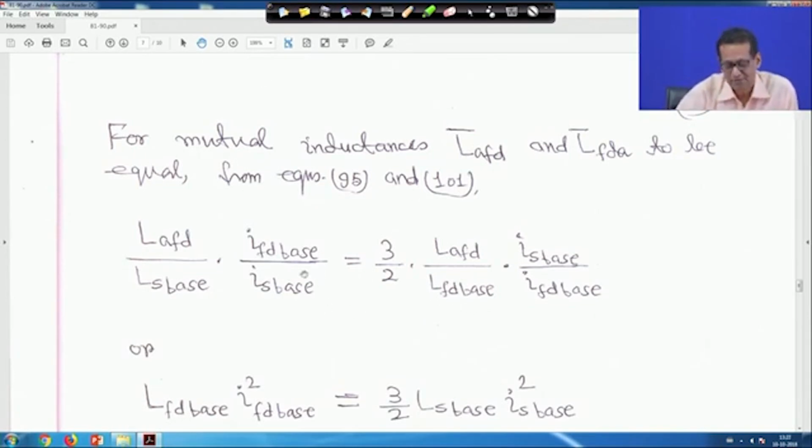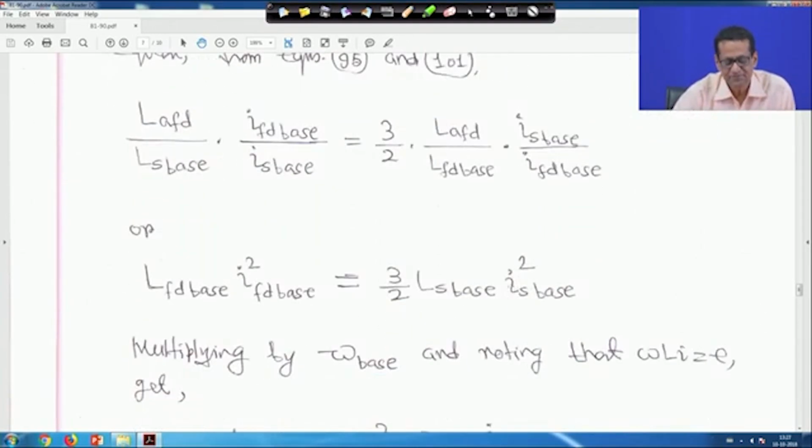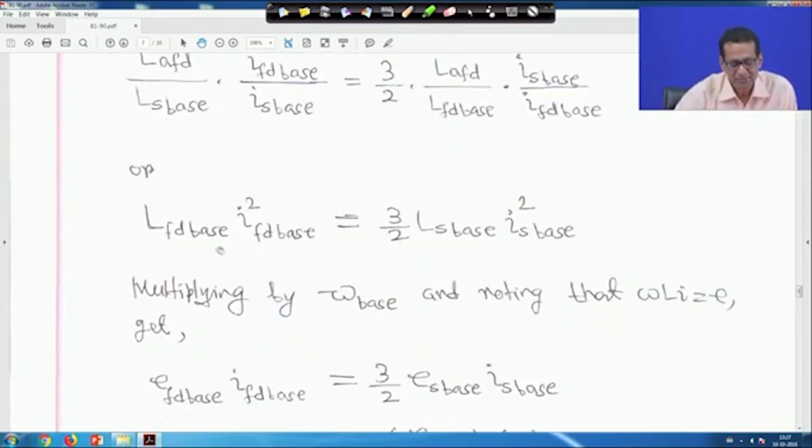So LFD upon IS base into IFD base upon IS base is equal to 3 by 2 LFD upon LFD base into IS base upon IFD base, and you cross multiply and simplify: LFD base into IFD base square is equal to 3 by 2 LS base into IS base square.